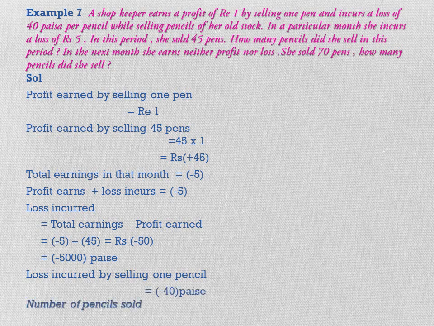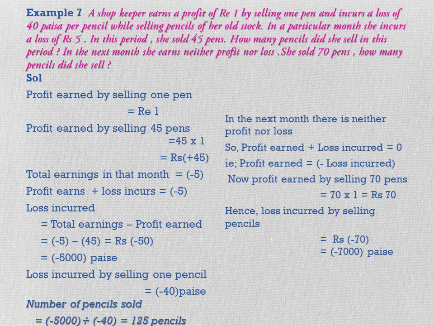Therefore, number of pencils sold is equal to total loss, negative 5,000, divided by the loss of 1 pencil, negative 40, is equal to 125 pencils. In that period, she has sold 125 pencils. I hope all of you understood this one. Okay, we can move to the next question.